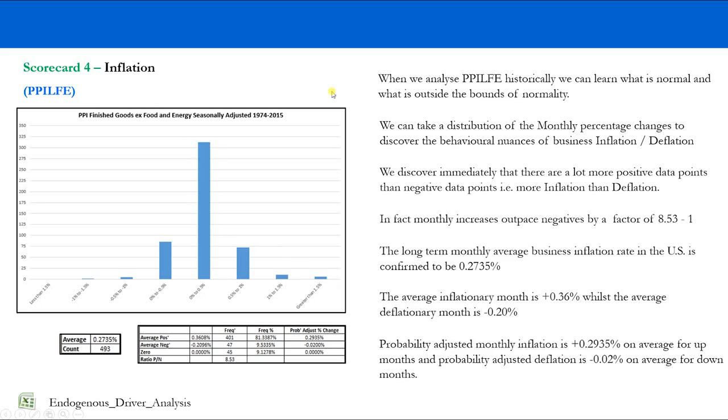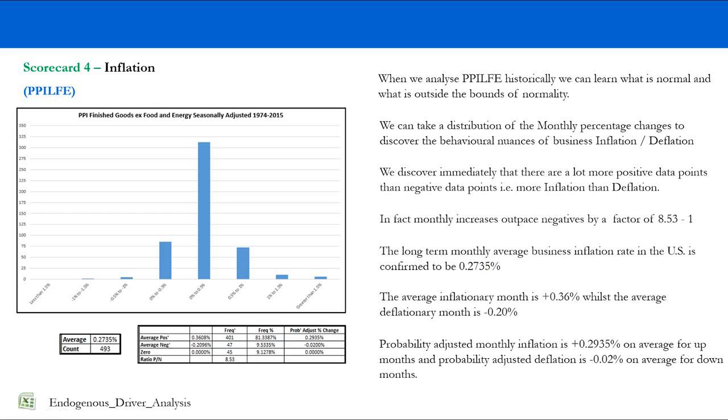And when we compare monthly increases to monthly decreases, the monthly increases outpace the negative months by a factor of around 8.5 to 1. And the long-term monthly average inflation rate in the US is confirmed to be spot on 2.735%. So this is PPI, average business inflation rate, ex food and energy.